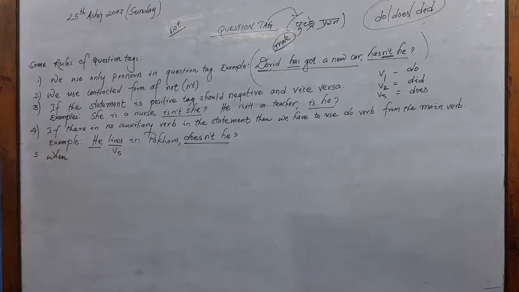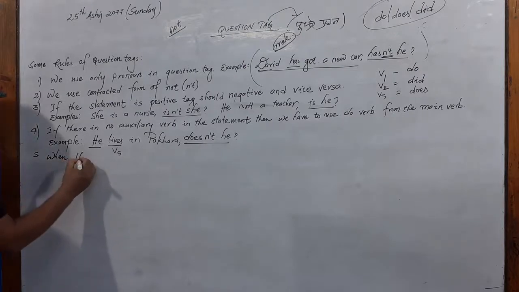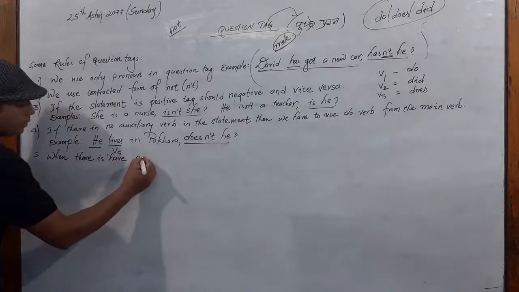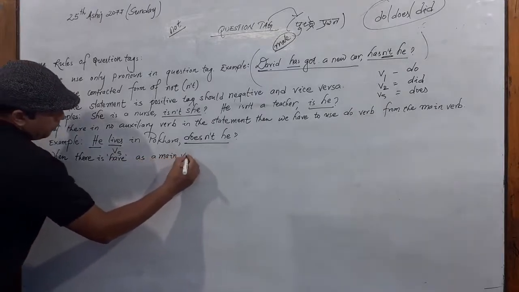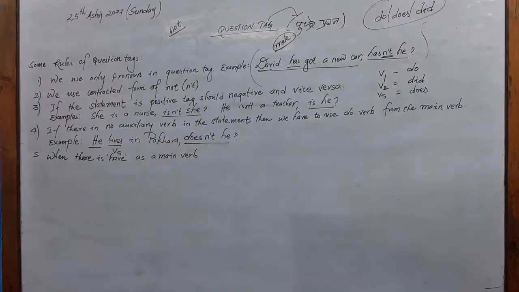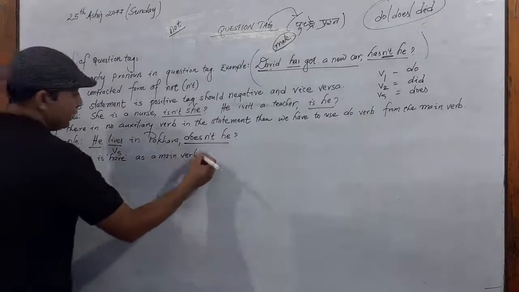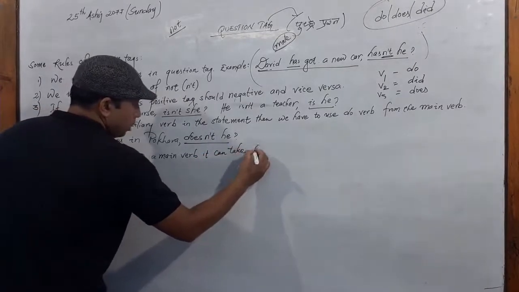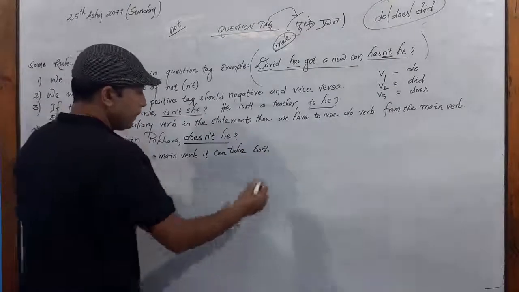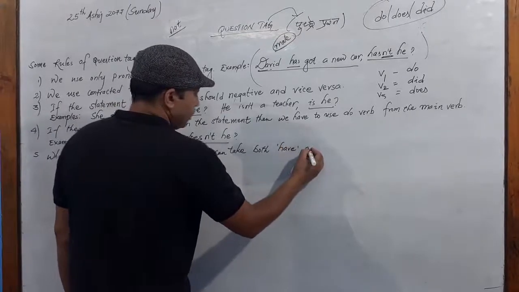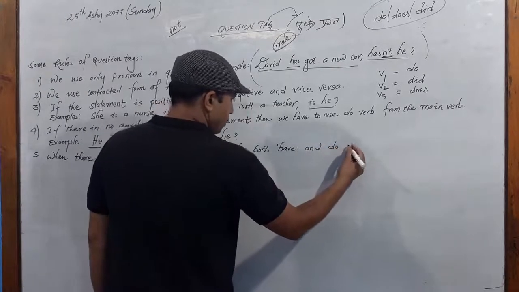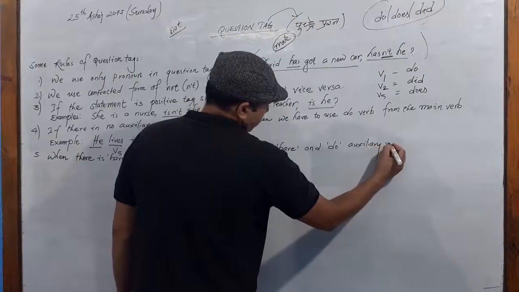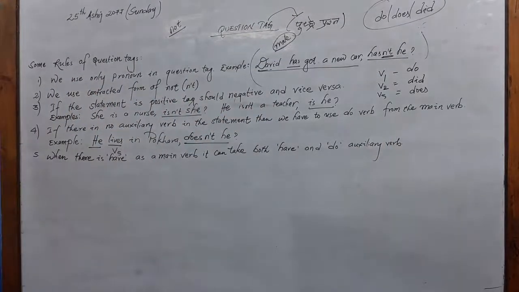When there is have as a main verb, it can take, now it may be new for you, it can take both have and do auxiliary verb, okay, in a question.